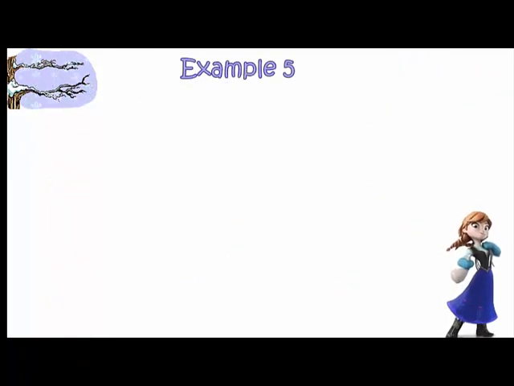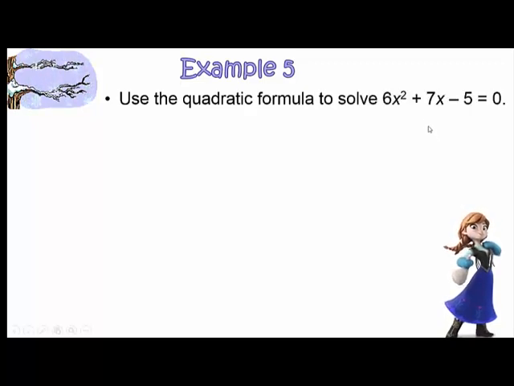In example 5, here we have another quadratic formula. And of course, we can maybe do it by the AC method, but it may turn out that we'll get fractions or something complicated. So it's probably easiest to solve this using the quadratic formula.